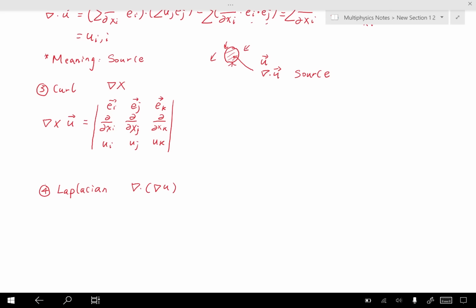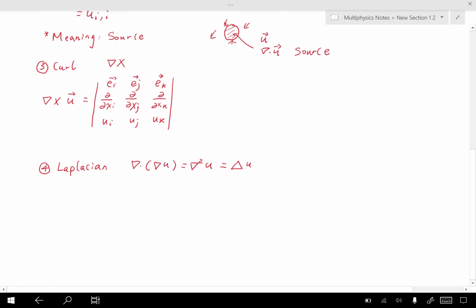Because we have two nabla signs here, some people prefer to write it as nabla squared u. And in an even simpler way, some people write it as delta u. It's also a triangle, but now this triangle is pointing upward instead of downward.